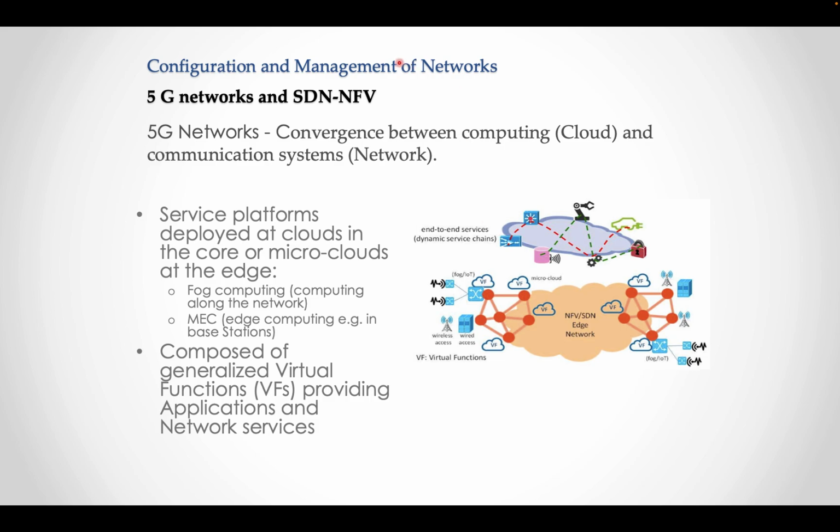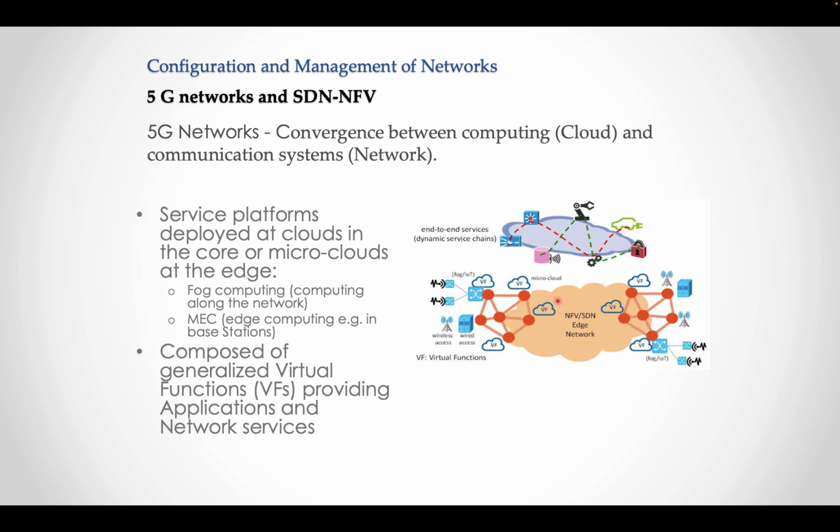So this poses a lot of challenges in terms of requirements, and also we have a kind of convergence starting to appear between computing, the cloud, and the communication systems, the network. So a 5G network is a system where these two things are intertwined, so they are combined.